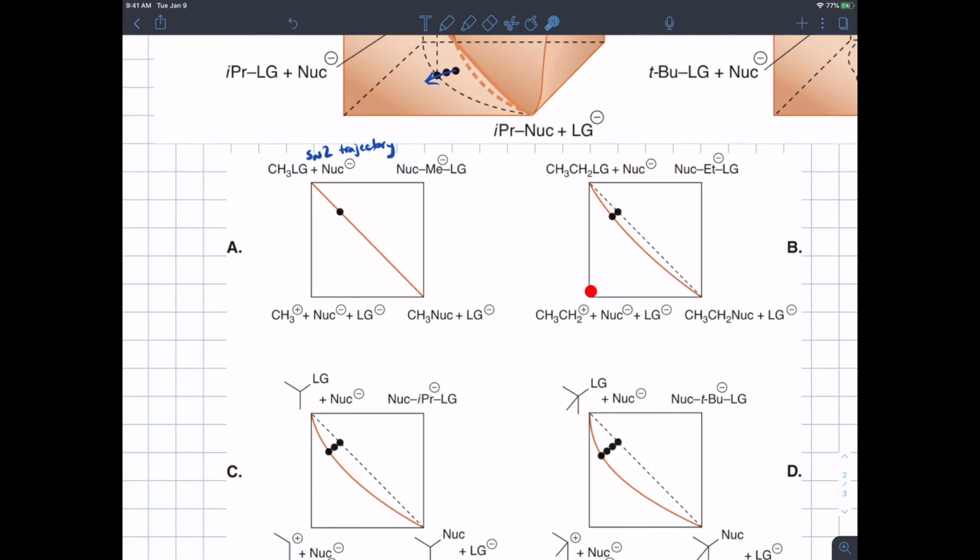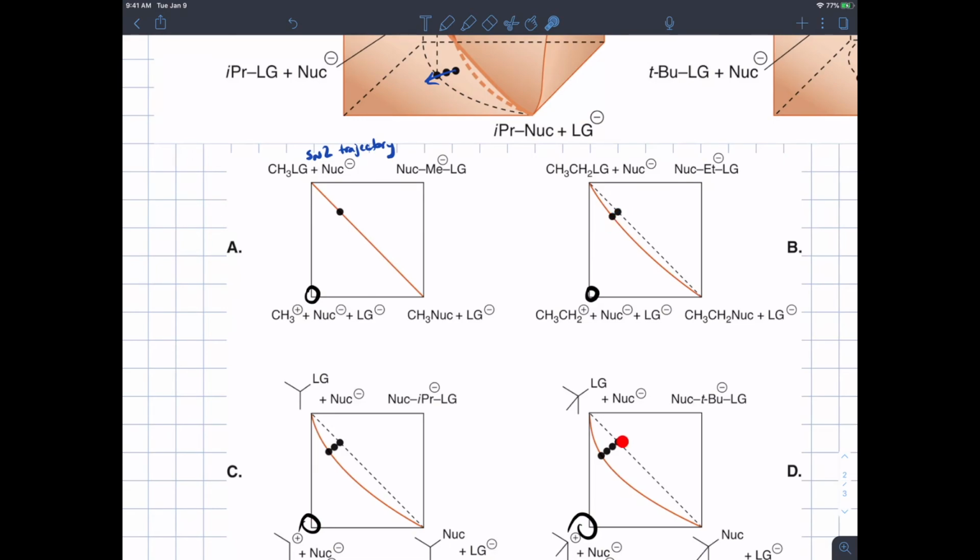As we lower the energy of this lower left-hand corner by making the carbocation more stable, we start to tip the location of the transition state towards a little bit less nucleophile coming in and a little bit more leaving group left.